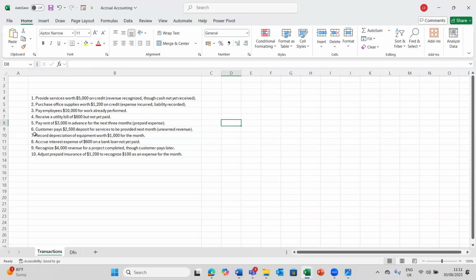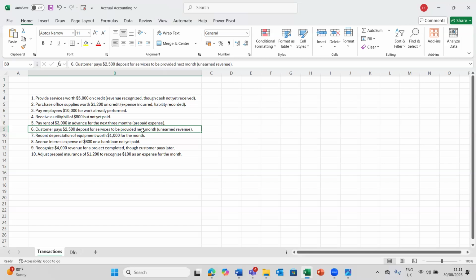And then also a customer pays a 2,500 deposit for services to be provided next month. So we are owing this customer the service. We have received the money in advance. We record it as unearned revenue, so that is also a liability.